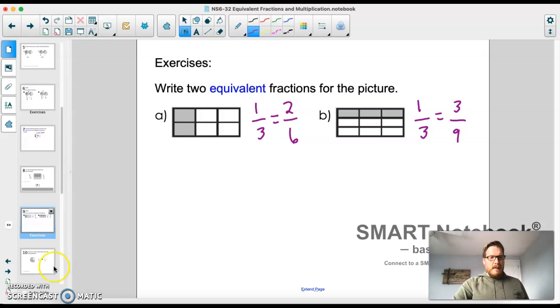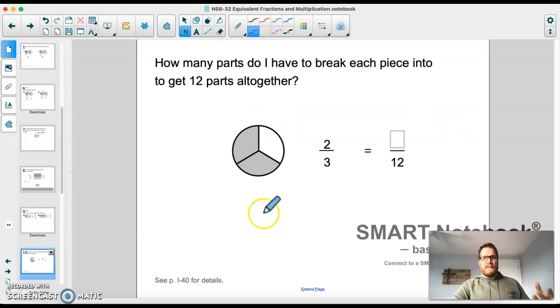Okay, so where we move on to next is trying to just use multiplication to write equivalent fractions, right? So how many parts do I have to break each piece into to get 12 parts altogether? Well, I've got 3 to start with, so each section has got to be broken into 4 parts, and that's going to give me 12 parts.